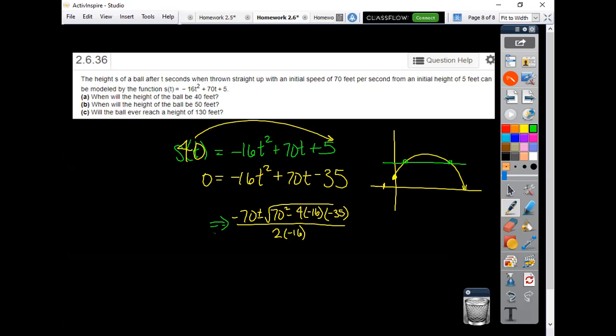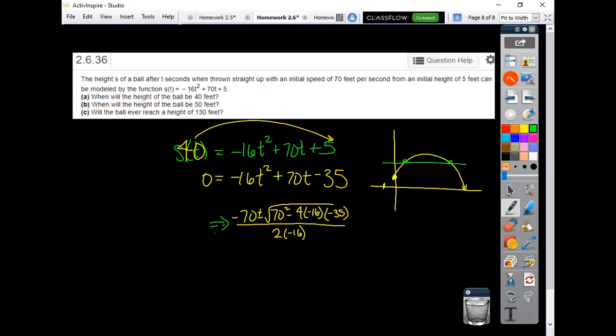If where I'm doing it says you can use decimals, you can put it in a calculator and evaluate that out, coming up with negative 70 plus the square root of 70 squared minus 4 times in parentheses negative 16 times in another parentheses negative 35.